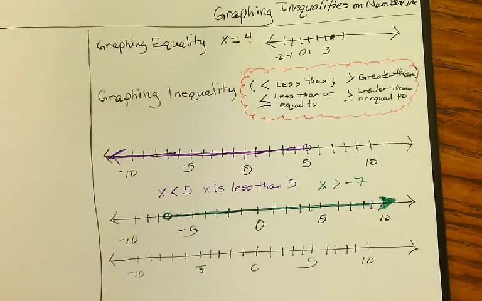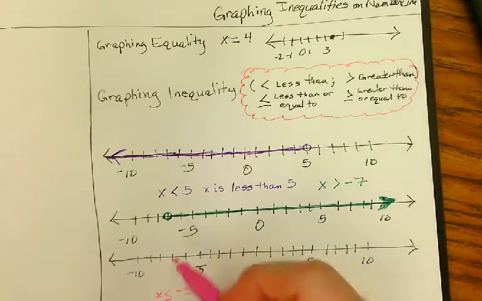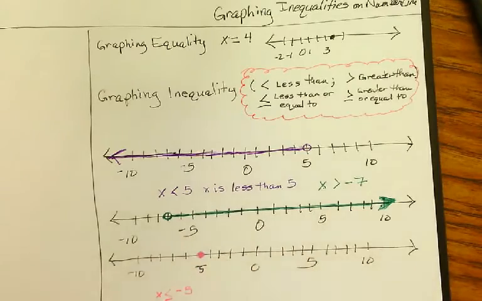So if I have x is less than or equal to -5, this is where we're going to go back and have a solid dot, because it could be -5.